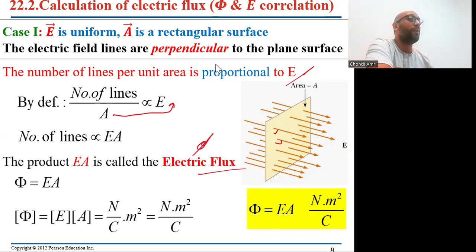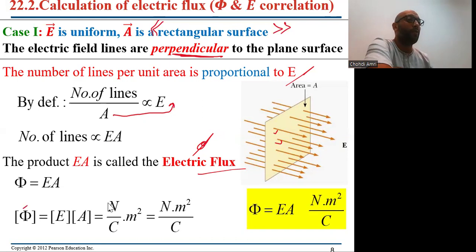This is when we are talking about a regular shape. That means we have a rectangular surface, and in a specific condition when the electric field lines are perpendicular to the surface. So we have two conditions. The first condition is a rectangular surface. The second condition is that the electric field lines are perpendicular to the surface of the plane.